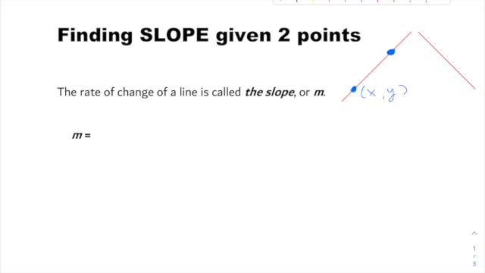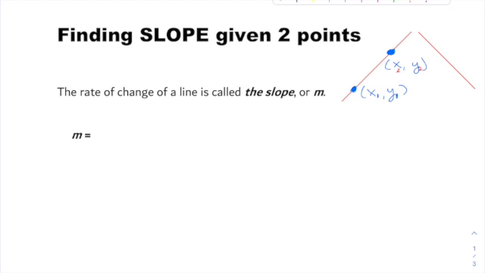So if I have 2 points, in the formula, just to distinguish them, we'll call the first point (x1, y1) and the second point (x2, y2). Okay, so here's the formula for slope.